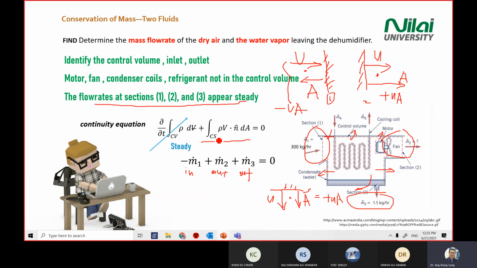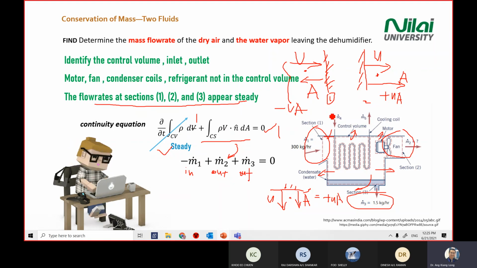After you write the continuity equation, arrow steady, here you score 1 mark. Derive this component, which consists of all the openings: rho V dot n dA is actually m dot. So inlet is negative, outlet is positive.